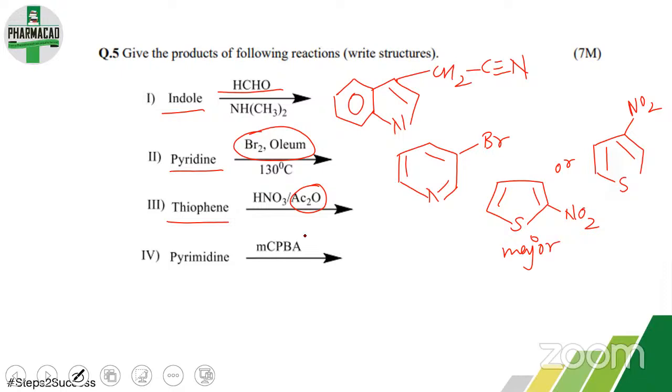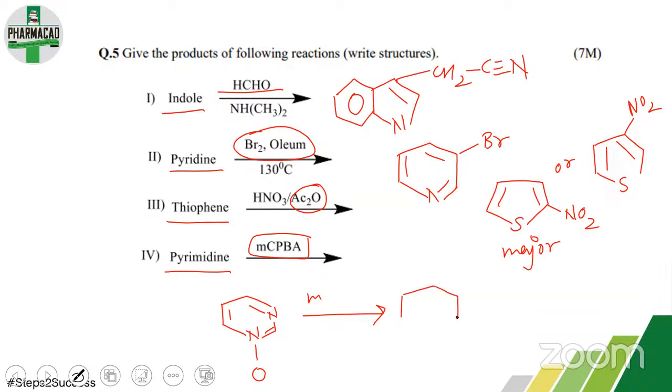Okay, when we are adding MCPBA, what is MCPBA? It is metachloroperoxybenzoic acid. So when we add this on pyrimidine, which is 6-membered with 2 nitrogens on first and third position, we will get the oxygen on this nitrogen.